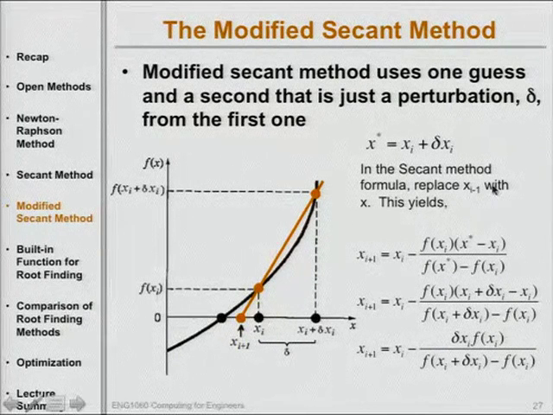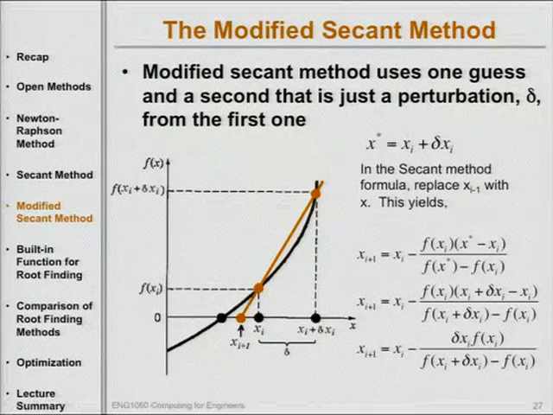So effectively we're putting that into practice with the modified secant method. We're just choosing a small delta, and really we can make this as small as we like. We can make it 10 to the minus 6. And in actual fact, the smaller you make delta, the closer you get to the analytic derivative of your function.